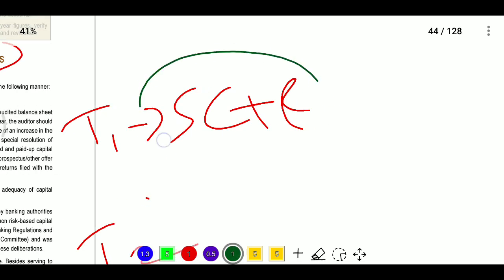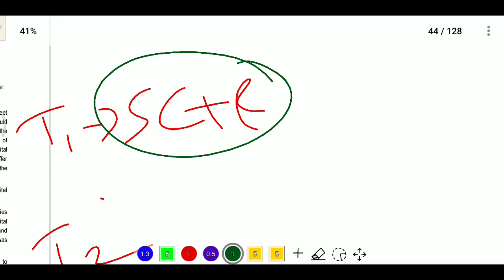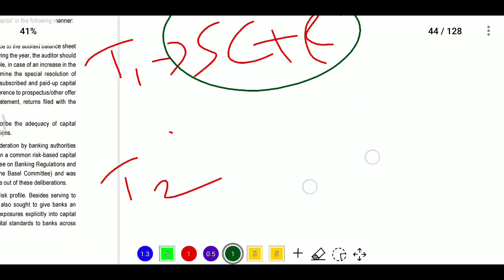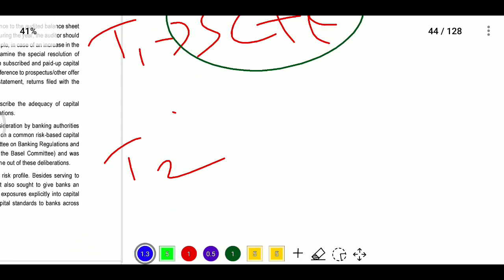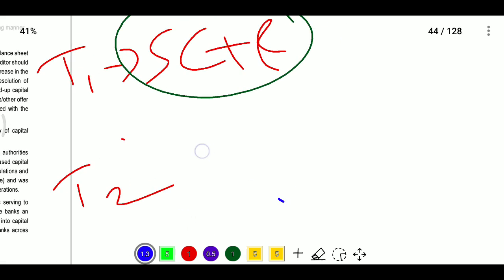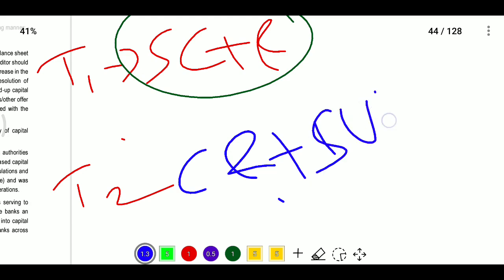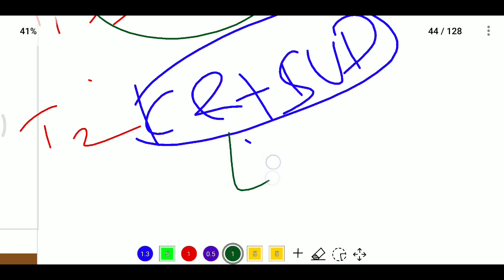Next, tier 2 consists of certain reserves plus certain types of subordinated debts. So some subordinated debts will be considered here. This is tier 2.